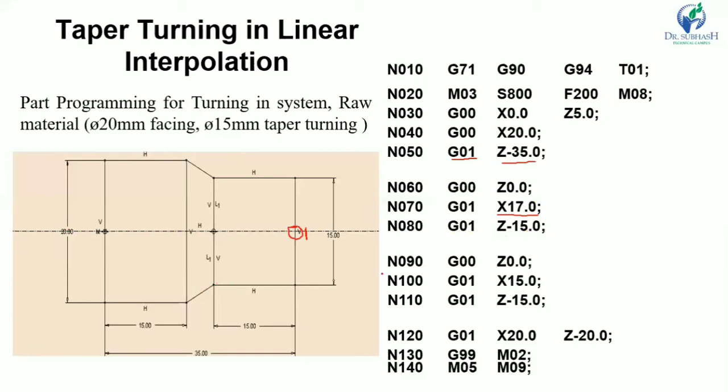Then after completing that cut, again G00, Z0. Again G01, X15, so one more cut of 1.5. So X15 and Z minus 15. Now this diameter becomes 15 mm from 20.